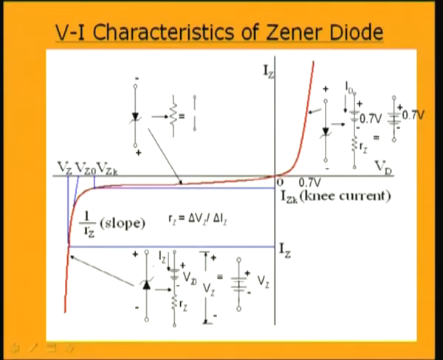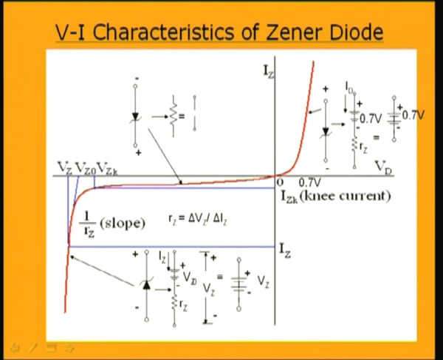So, what we get across this Zener diode after Zener breakdown has occurred is a constant voltage drop Vz maintained, even though the current can change. This particular phenomenon is very effectively utilized, as we will see later.